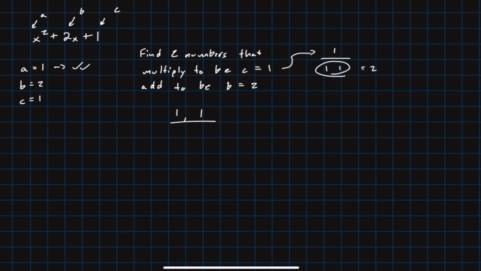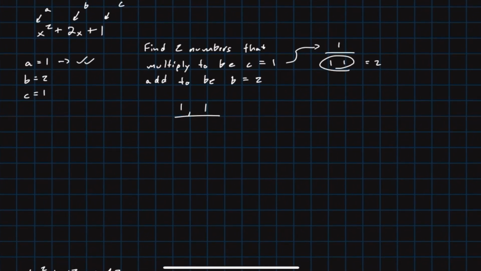Now, we are going to use these numbers, and we're basically just going to plug them straight into our factored form. Since our A is equal to 1, we can use this. So we know that our x is going to be plus or minus some number times x plus or minus some other number, right?